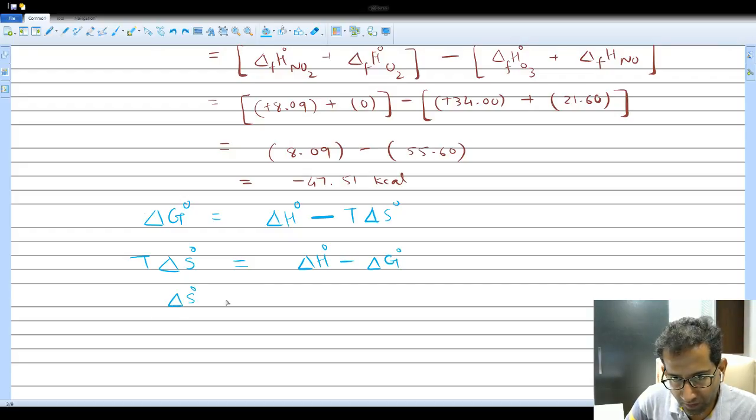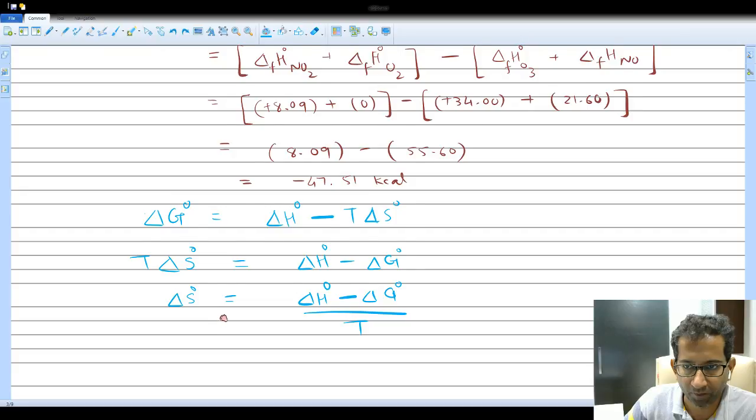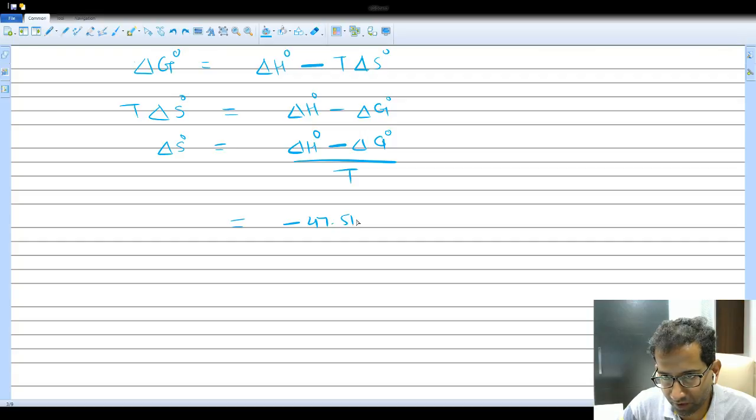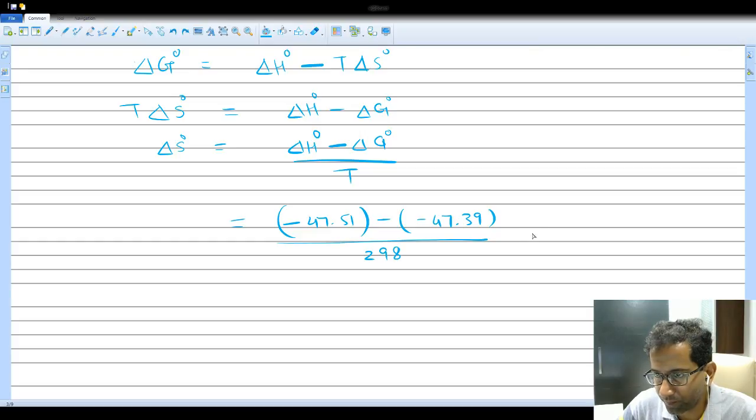So delta S0 equals delta H0 minus delta G0 upon temperature, equals minus 47.51 for delta H0 minus 47.39 upon temperature 298, and of course we will show this in calorie, so this entire thing should be multiplied with 10 raised to 3, because the values of delta H0 and delta G0 are mentioned in kilocalorie.